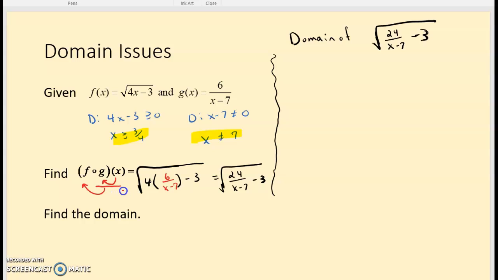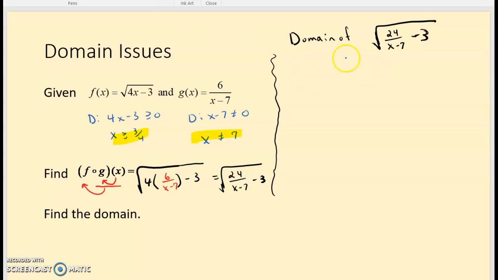So if g can't be calculated, theoretically there's no way to continue. So we need to make sure that we can get real numbers out of g and out of f. We already are limited to the domains of f and g, but let's see if the new f of g creates anything new.